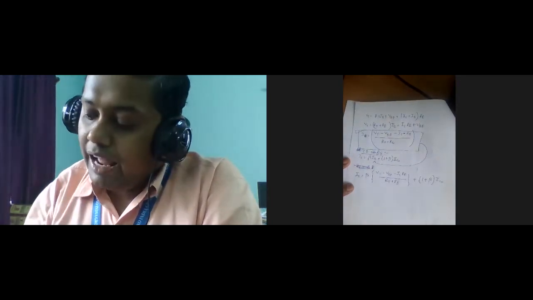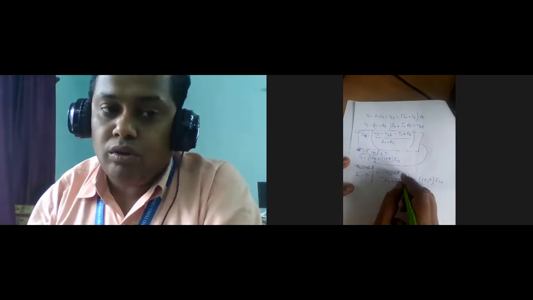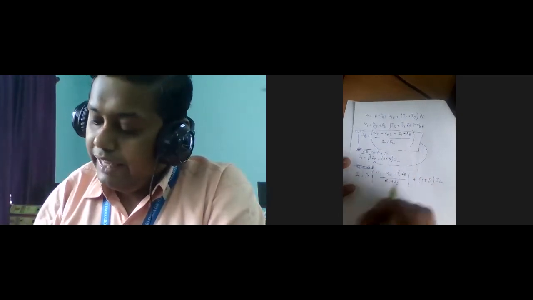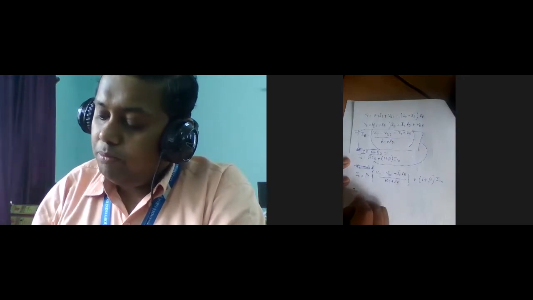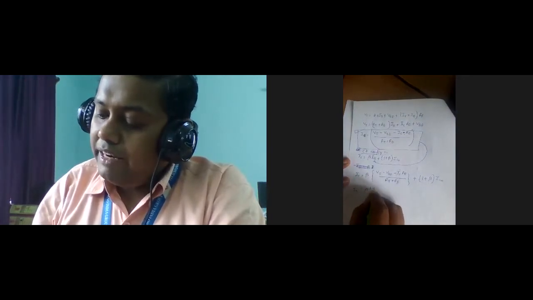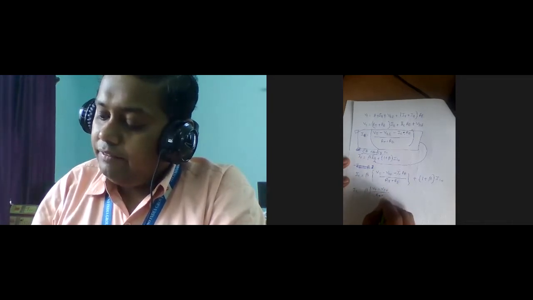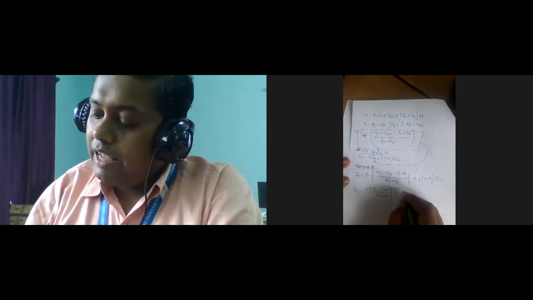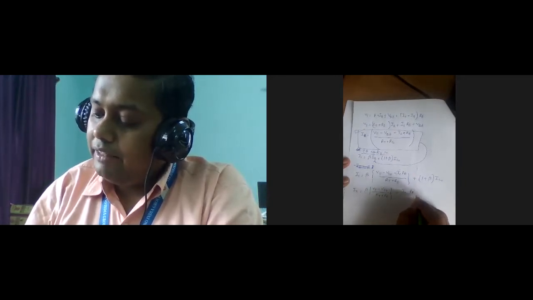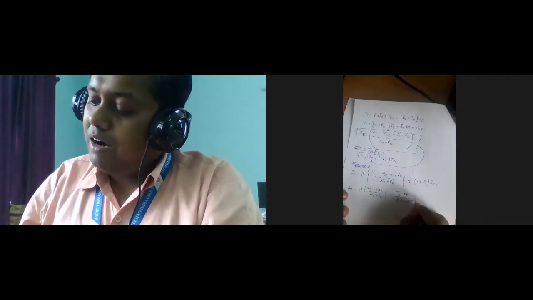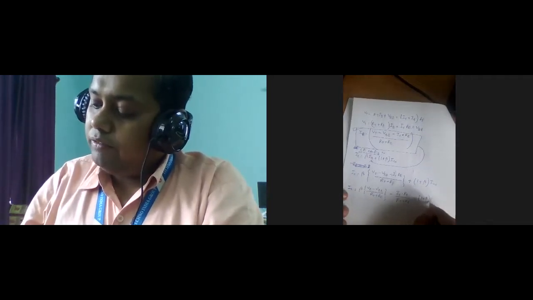So in here, IC appears on both sides. We can change the side and define the IC value. Then IC equal to beta into VT minus VBE by RT plus RE minus IC into RE by RT plus RE, plus 1 plus beta ICO.